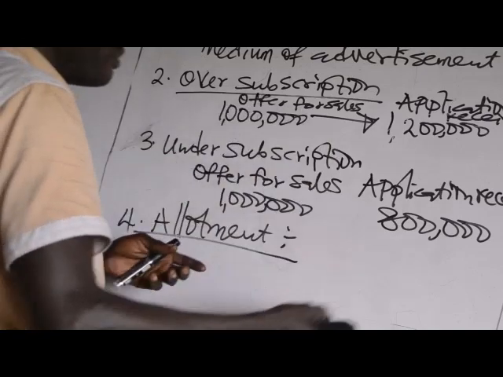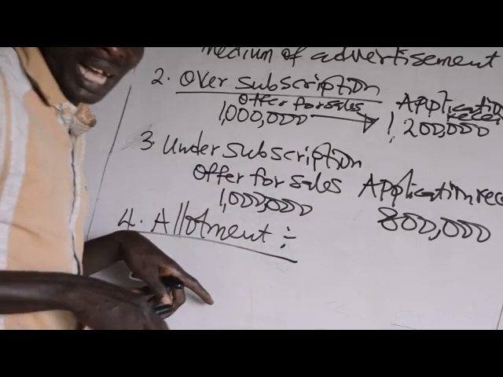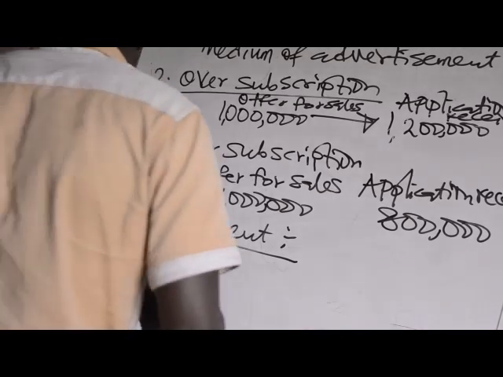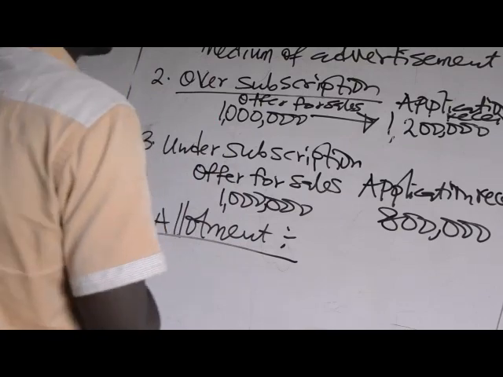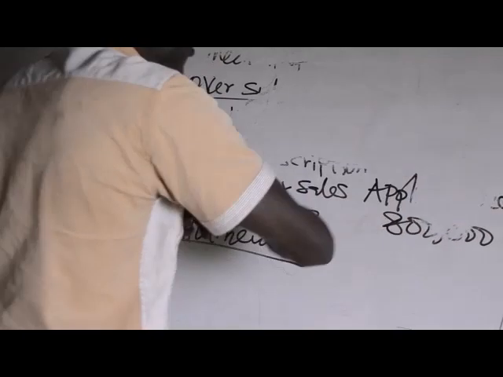So when you allot shares, you distribute shares among the applicants. That process is said to be allotment. So what are the procedures for issue of shares?